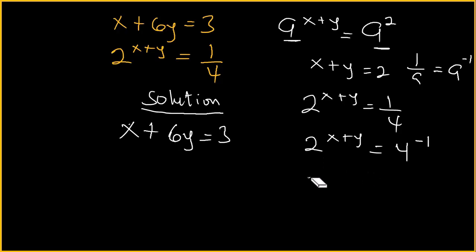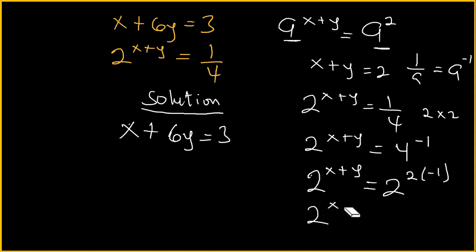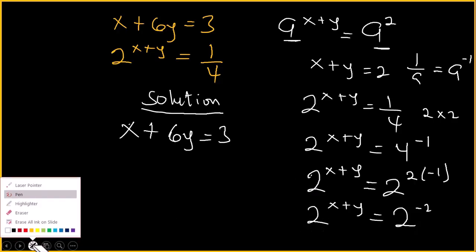And writing this in a similar base, 4 is the repetition of 2 times 2. So we have 2 repeating itself twice, to the power negative 1. And this is written as 2 raised to the power x plus y equals 2 raised to the power negative 2. And if the bases are the same, the exponents are equated.